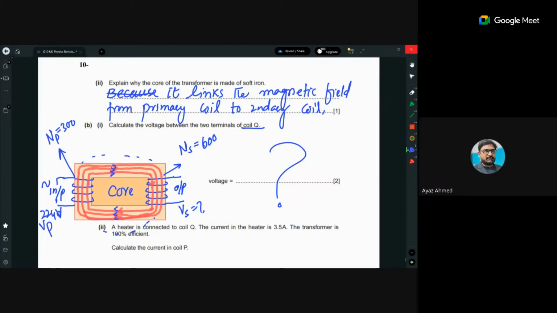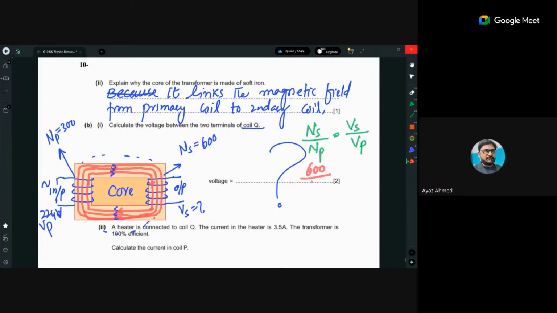ठीक है, तो क्या करोगे? You will write NS divided by NP is equal to VS divided by VP. ठीक है? Did you remember this formula? Yes, I remember this formula. We have discussed that formula in the previous lecture. Okay, good. So number of turns on the secondary is 600.